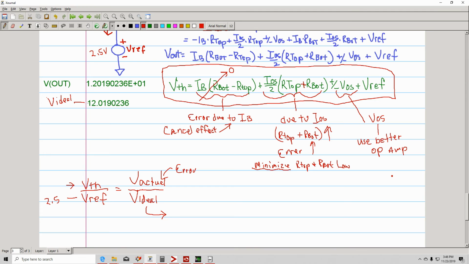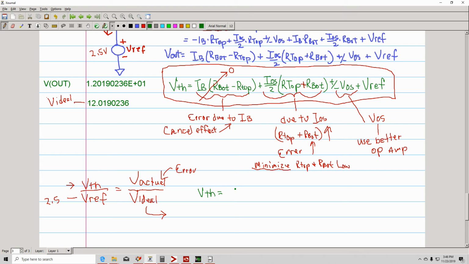Okay, alrighty, so now let's use some numbers. Since we're using the same resistance, we're going to go ahead and neglect this.